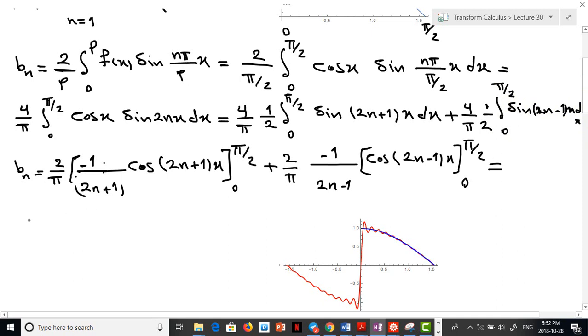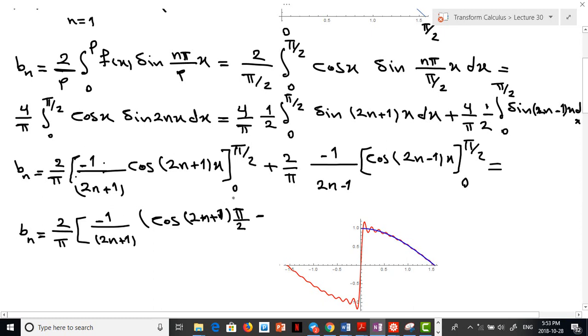So bn is equal to, applying the upper limit minus the lower limit, 2 over pi. If I apply the upper limit, we have minus 1 over (2n plus 1) cosine of (2n plus 1) times pi over 2. And if I apply the lower limit, we have cosine 0, which is 1.